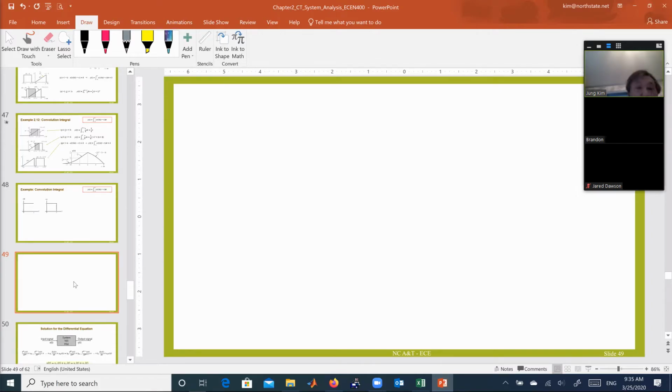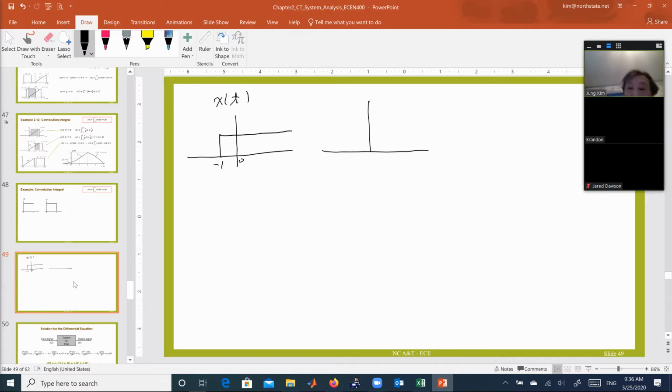Let's say this is x of t. Oh, I understand why you feel it's difficult. This is because this is not from 0. This is starting from -1, and then g of t is also, oh, I understand why you feel it's difficult, because it's convolution.